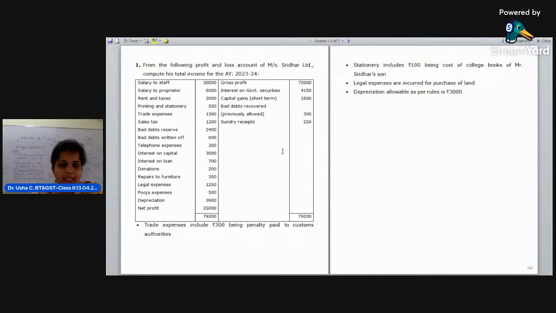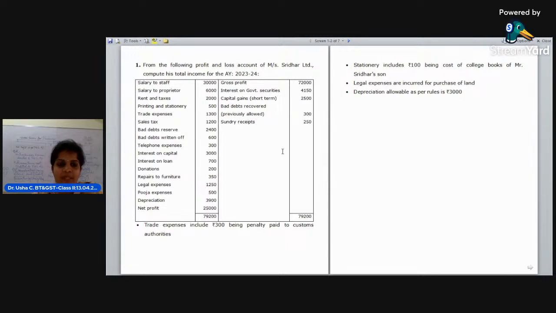Trade expenses include rupees 300 being penalty paid to customs authorities. So whatever the trade expenses, the amount of 300 rupees is a penalty paid to the customs authorities. Since it is a penalty, any fines and penalties are not allowed. Where is the trade expenses? Look here, it is I think the fifth point. Yes, fifth point, 1,300 rupees, there is a trade expenses, and this trade expenses includes 300 rupees of penalty paid to customs authorities.